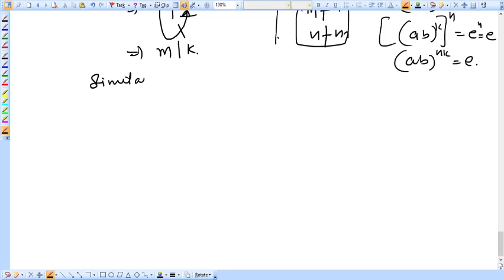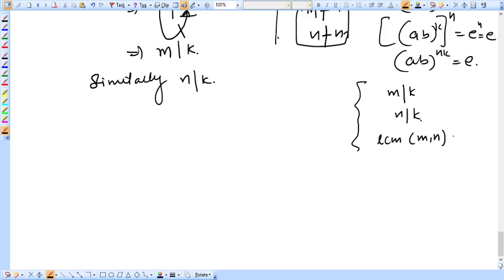Similarly, n divides k. Now we have a property in number theory, right? If m divides k and n divides k, then the LCM of m and n also divides k, and LCM is denoted by these square brackets.